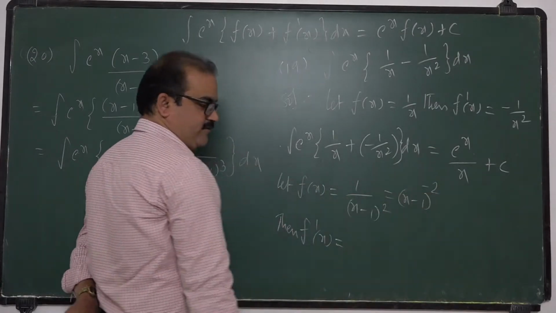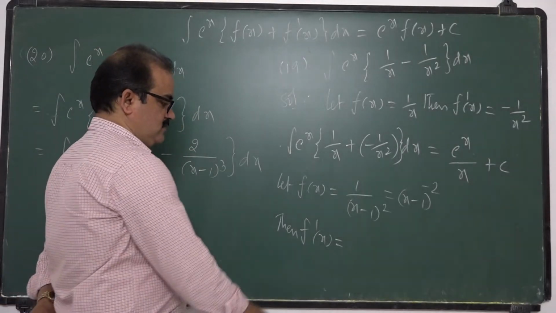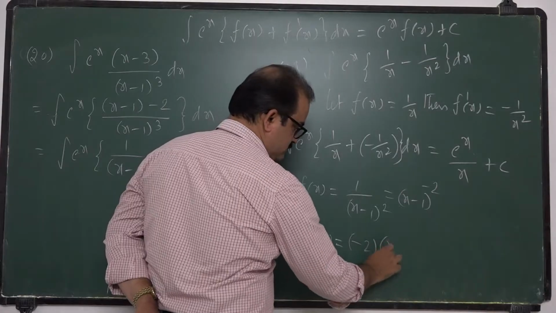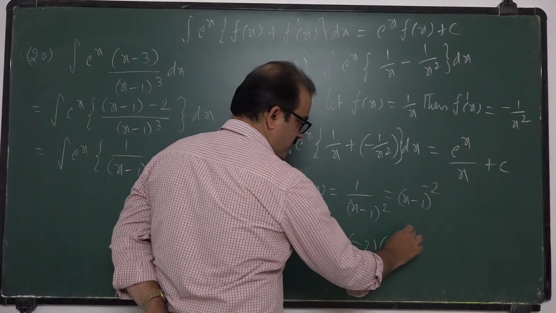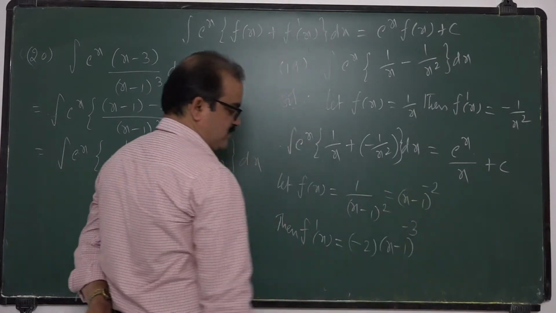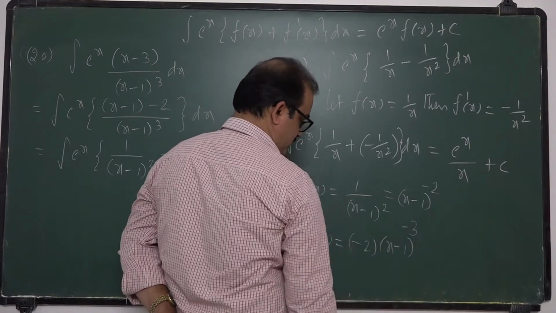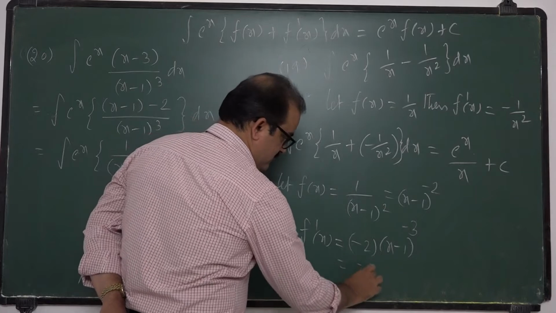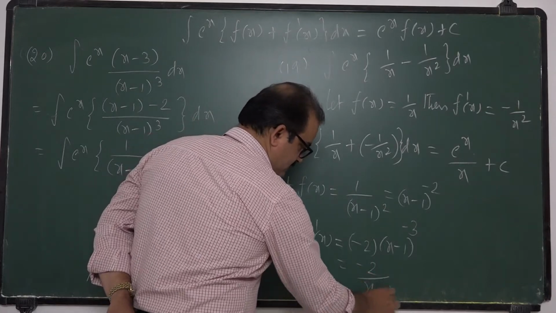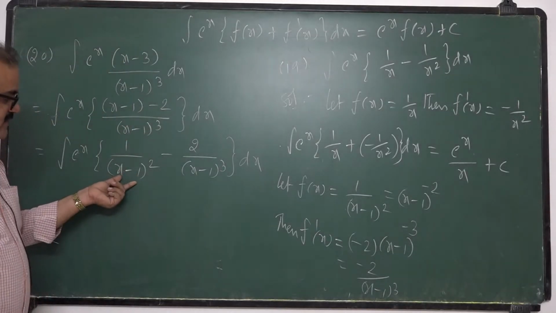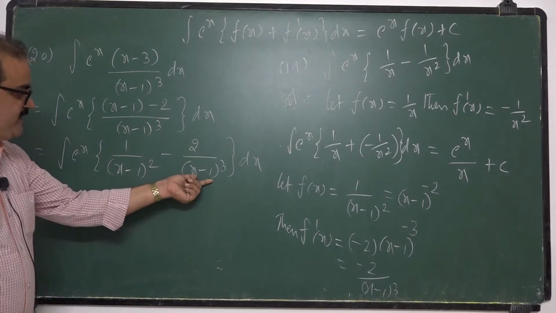What is the derivative of x power n? n into x power n minus 1. Minus 2 into (x minus 1) whole power minus 2 minus 1, that is minus 3, into the derivative of x minus 1, that is 1. So this is minus 2 by (x minus 1) whole cube. So if it is f of x, then it becomes f dash x.